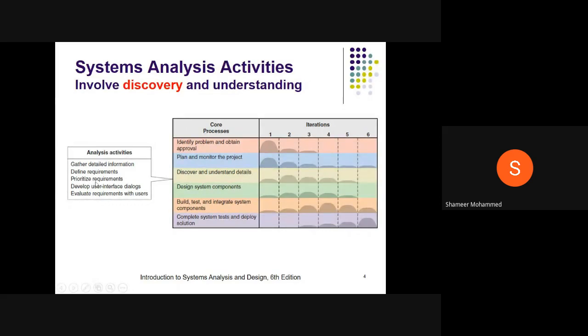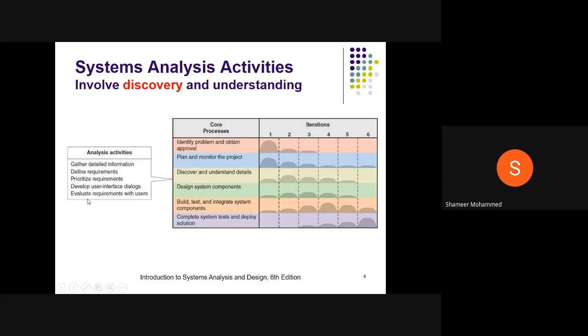List the priority. If you have 5 requirements of the information system, which one has the higher priority? Which one has the second priority? Like that you arrange them. Third one, develop the user interface design screens.